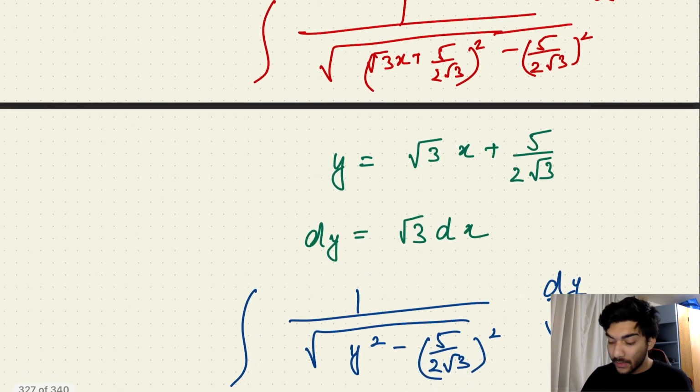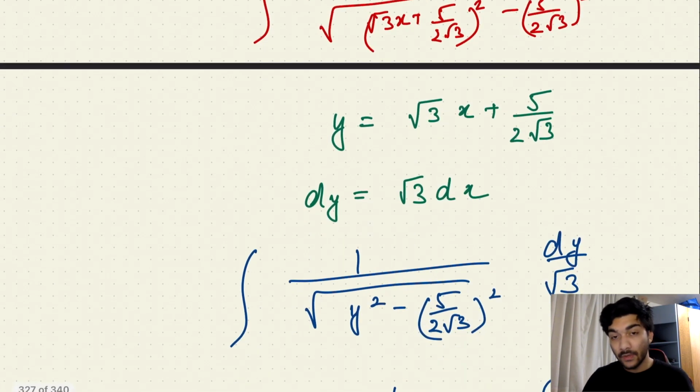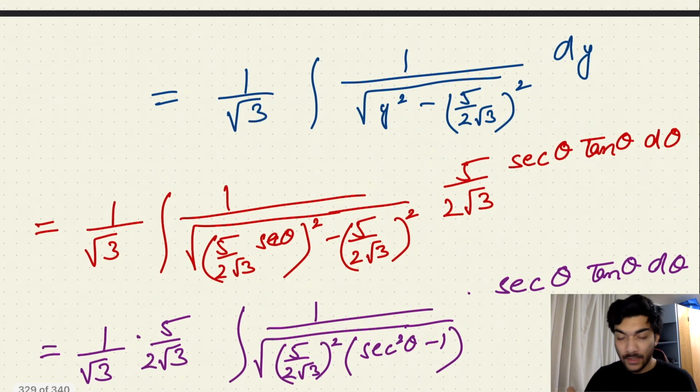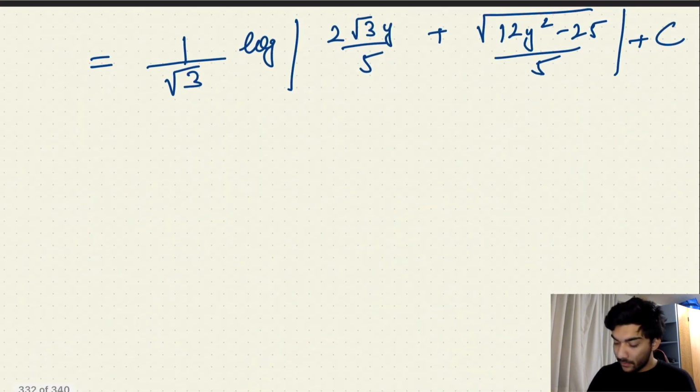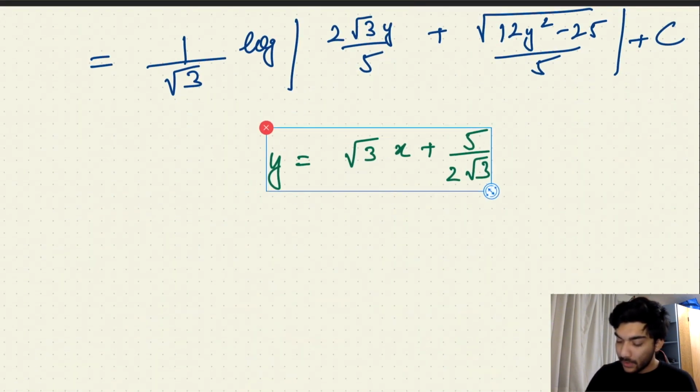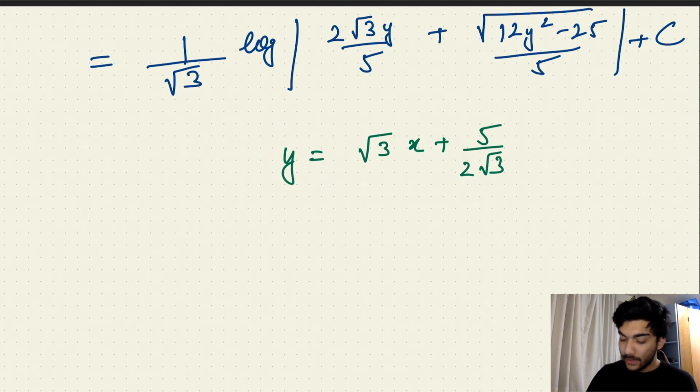Now we'll convert our expression in terms of y to an expression in terms of x by using this expression over here. So we know that our y is this expression.